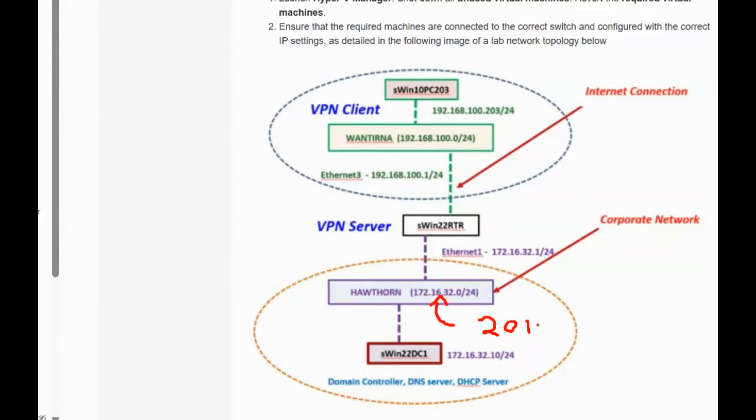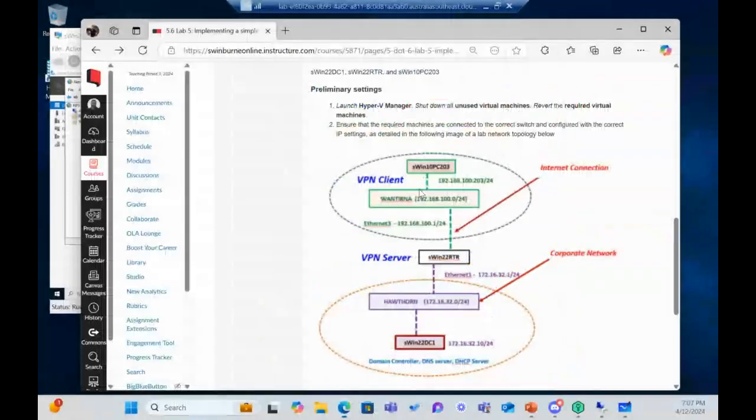Now I shifted this PC over to this network because that one doesn't exist. So I had to convert it. So now that's 201, and I changed the IP address to make sure that it was in this network. Hopefully that made sense. The lab had a fault in it. It was incorrect.